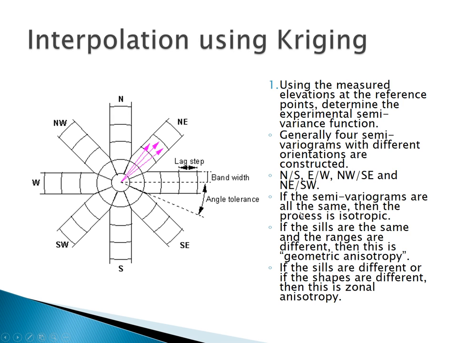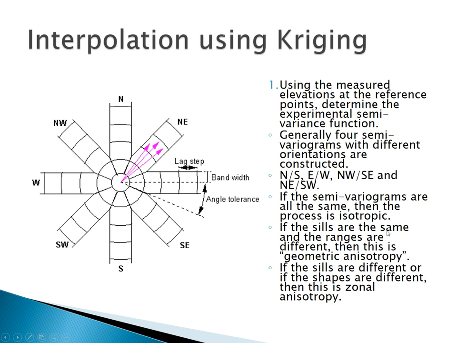And so some key points with this one is that if the semivariograms are all the same, so that means in all directions they are all the same, then it is considered an isotropic process, which means it will return the same model every time.